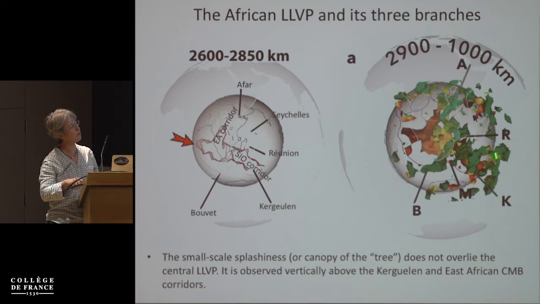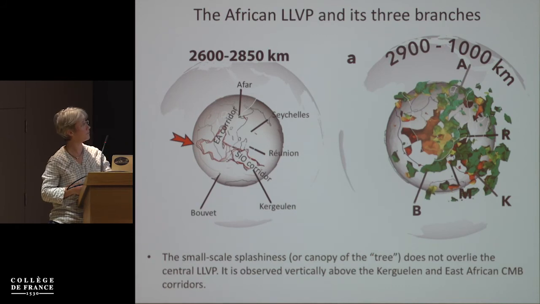So you have green only above the red and not in other areas. Specifically, you have green above this corridor here, the South Indian corridor on the CMB. You have it above the Afar corridor. Then you have another corridor here where there's no green. And there's a bit of an exception. We have green here, even though we never have a red under here, but the resolution tests show that if there were a red corridor here at the CMB, we wouldn't resolve it. We don't have the data.